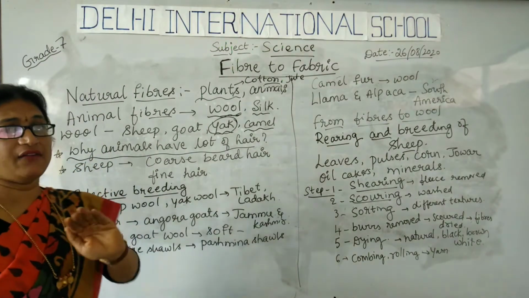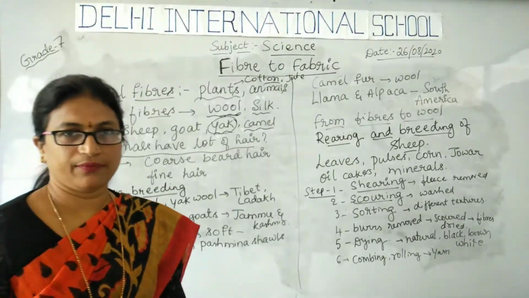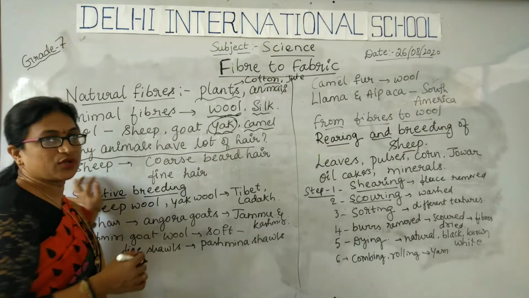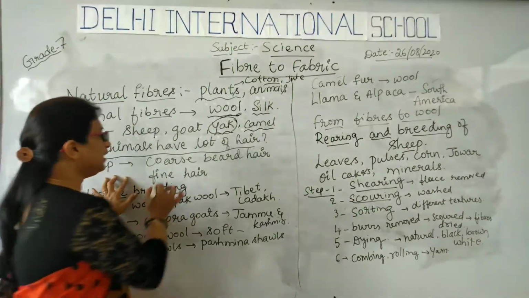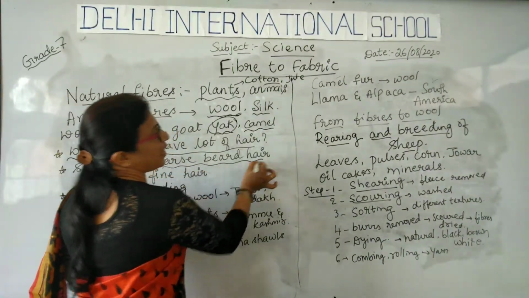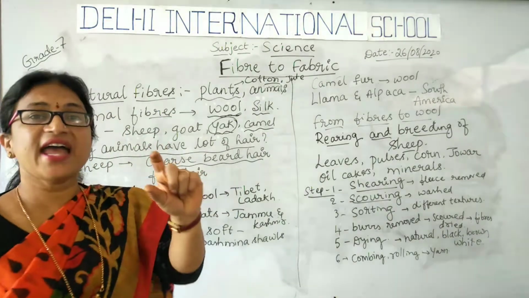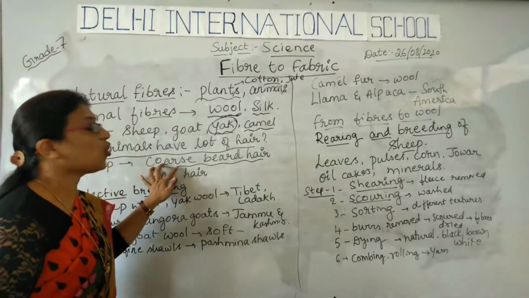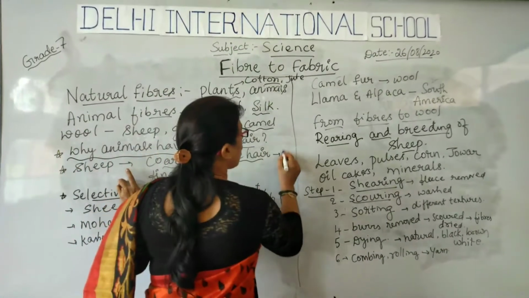Sheep, and almost all animals, have two types of hair on their body. One is the coarse beard hair, the rough hair present outside the body, which is very long.